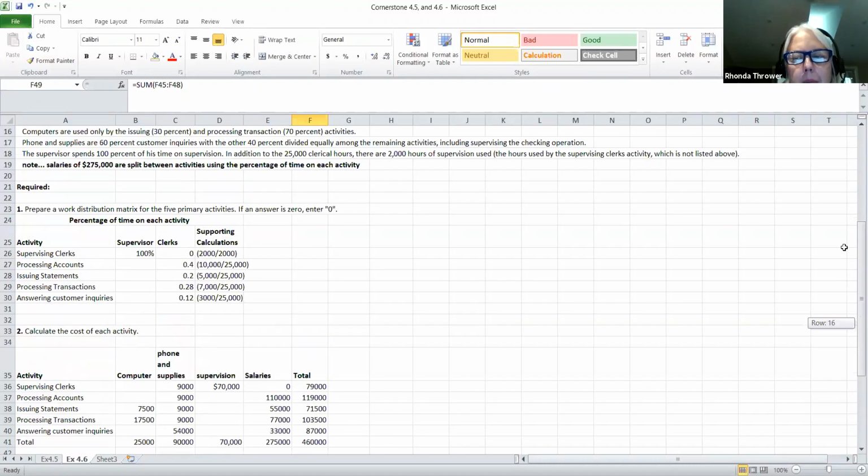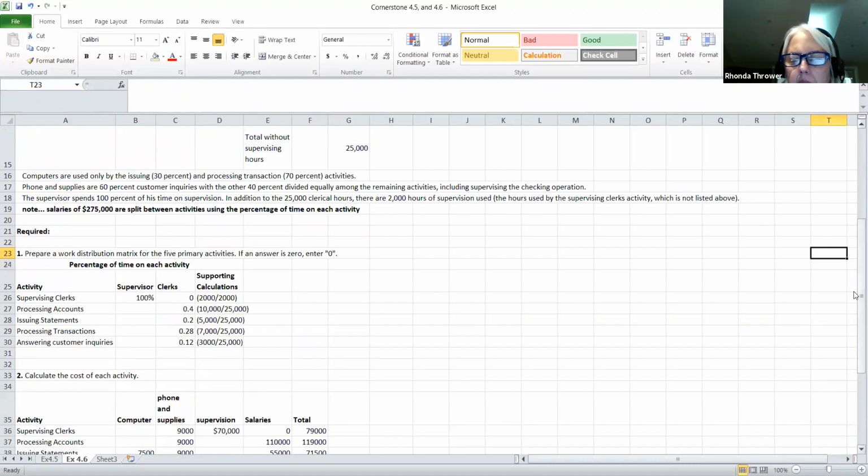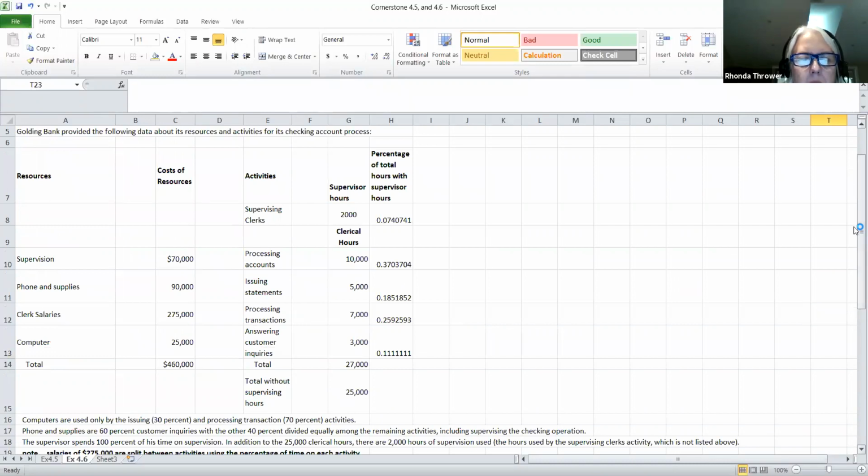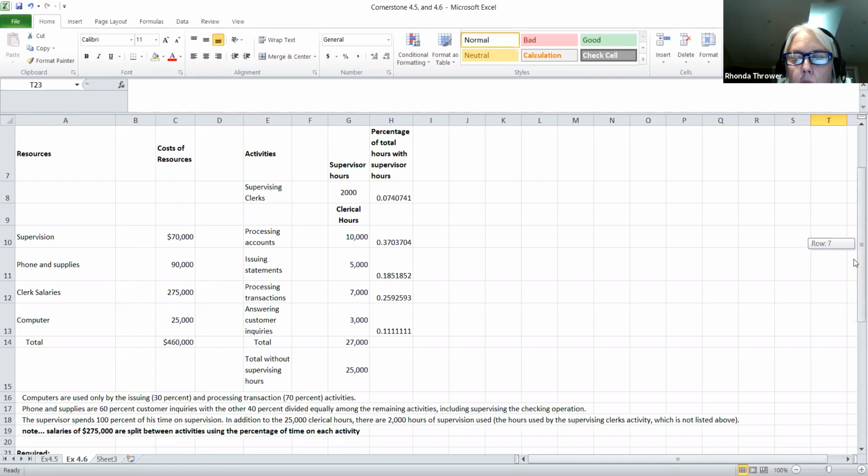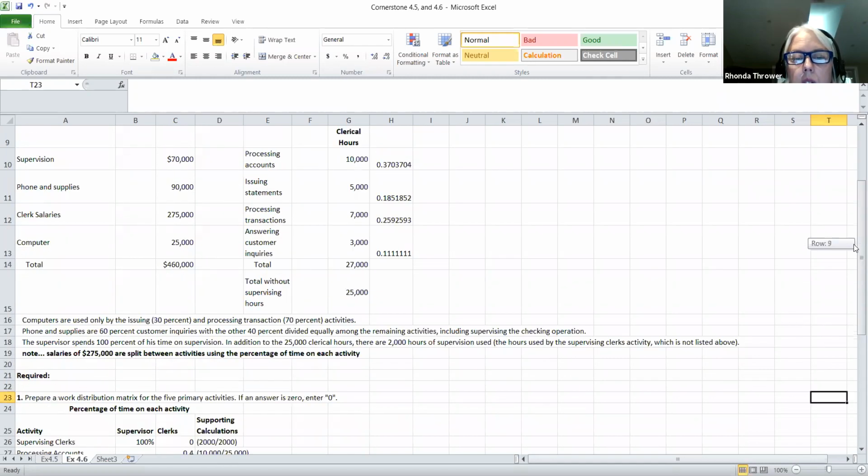So the thing about activity-based costing is you've got to really concentrate on how they wanted you to divide your cost of your resources, or to split those costs of resources to the activities. So it's all about reading your transactions as to how you come up with how they are dividing these costs.